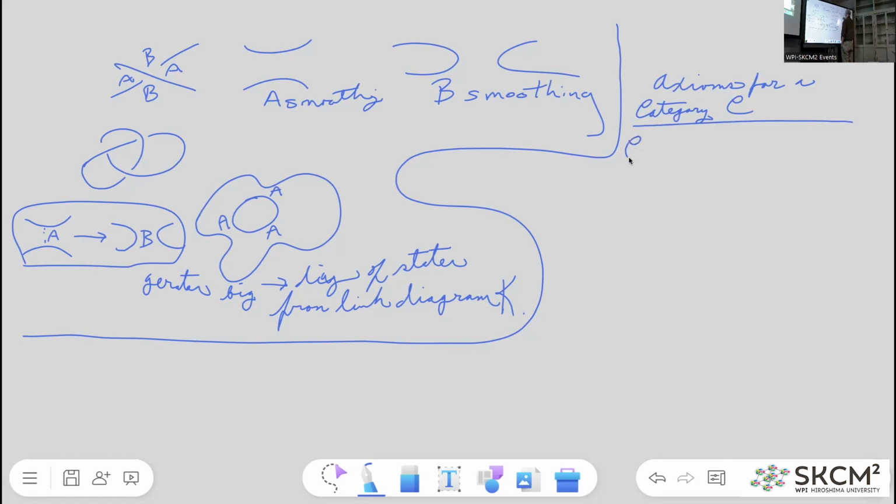A category C is equal to a set of objects, so-called objects, and I'll write nodes as well, because you can think of it like a graph, and a set of morphisms.